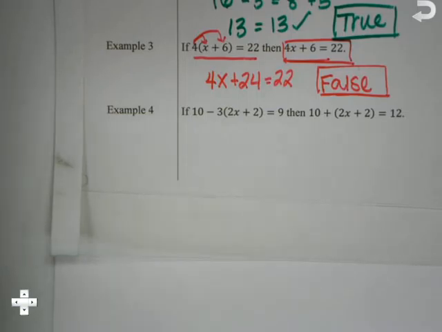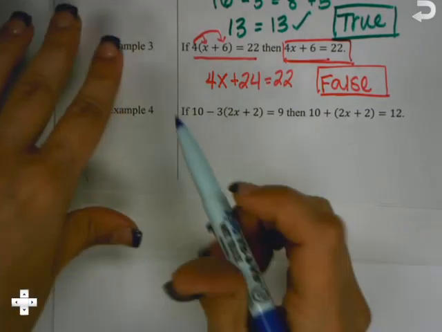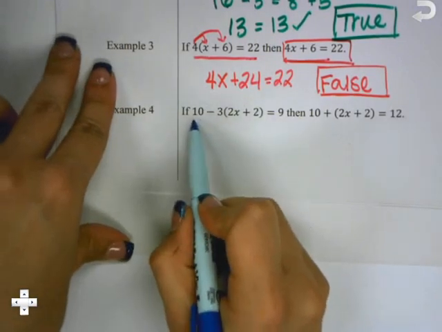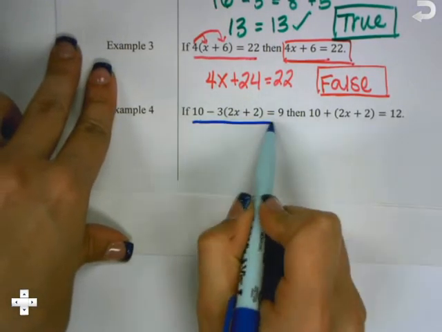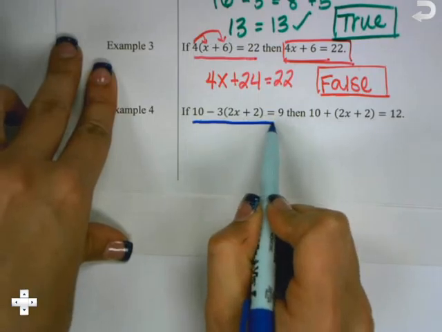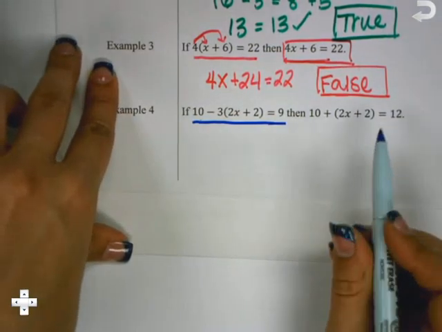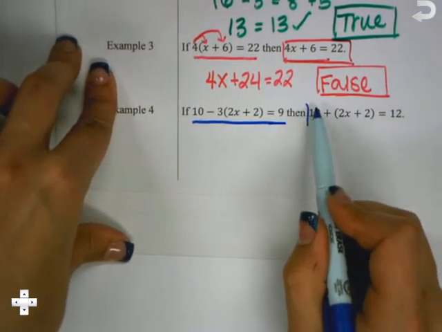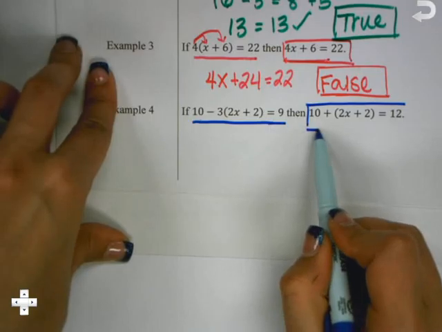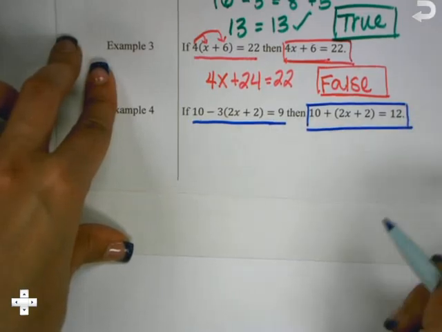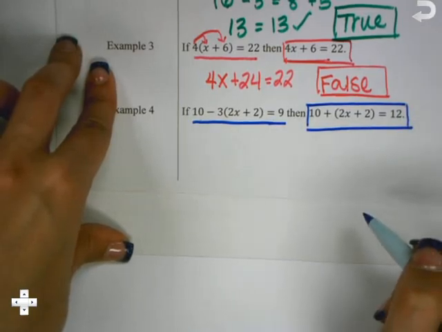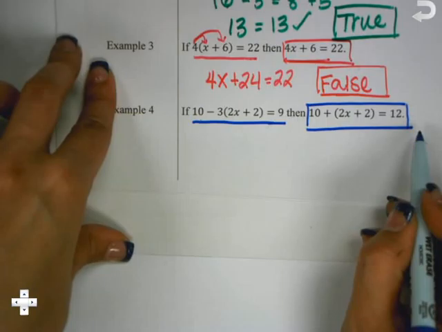Okay, all right. So here's my hypothesis. If 10 minus 3 times the quantity 2x plus 2 equals 9, then 10 plus 2x plus 2 equals 12. My conclusion is 10 plus 2x plus 2 equals 12.